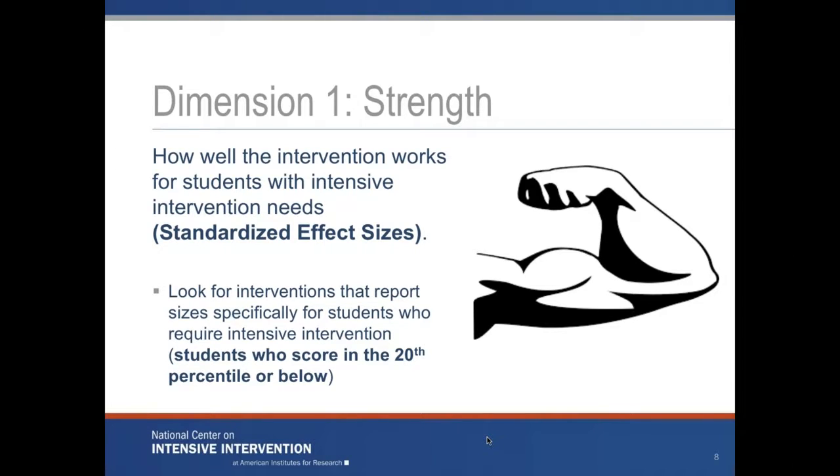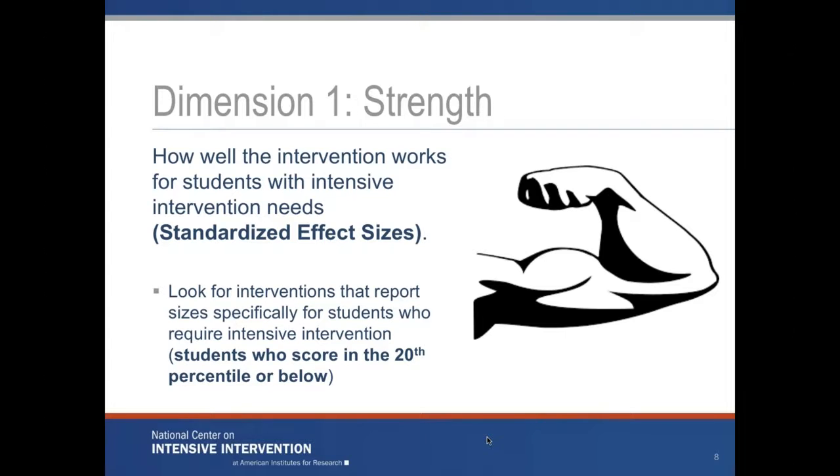Typically, an intervention that reports an effect size of 0.35 to 0.4 would be considered a moderate effect. So you might give it a score of 2 for strength, right? If they give you an effect size of 0.5 or above, that would be a very strong effect, and it would probably get a score of 3. Scores below 0.35 are typically considered small effects. It's important to note, though, that those are rules of thumb.